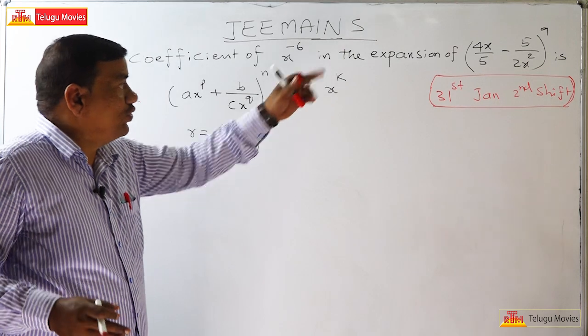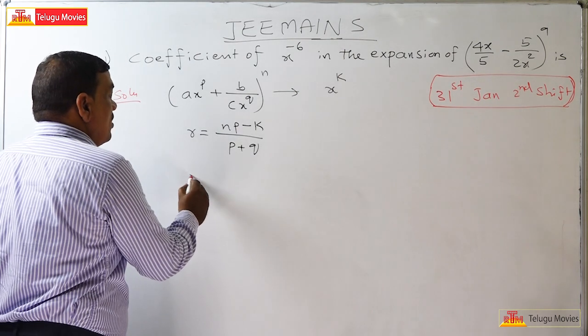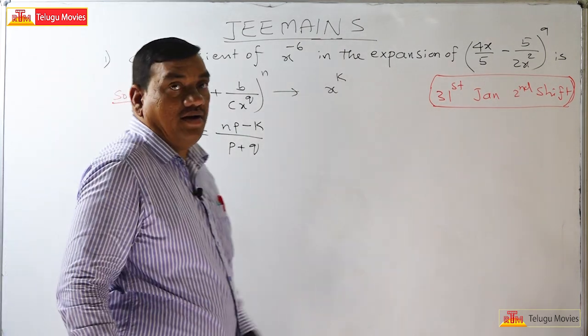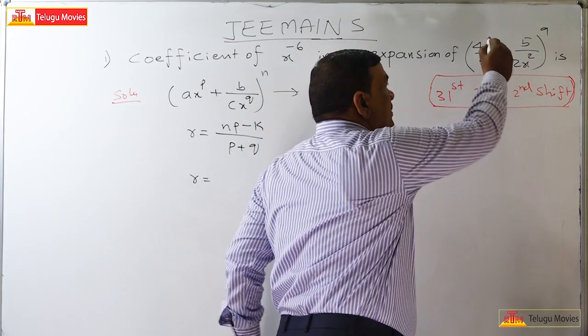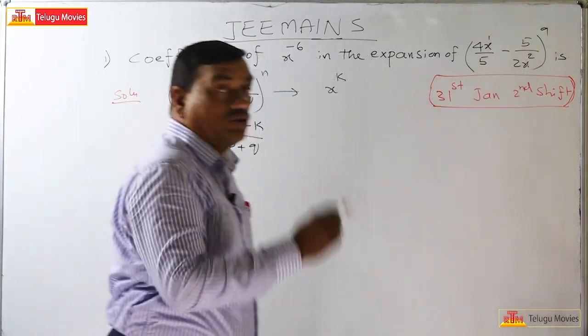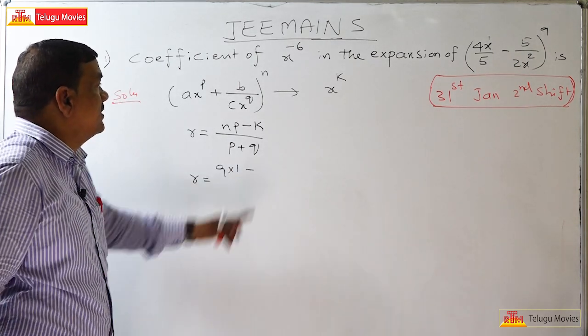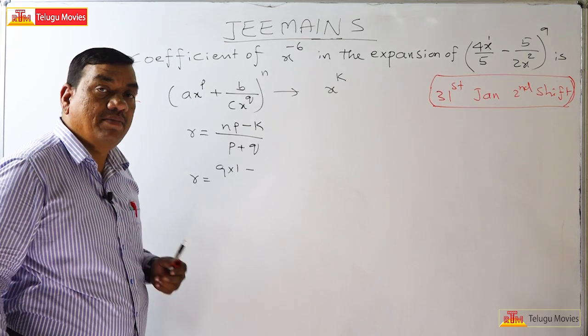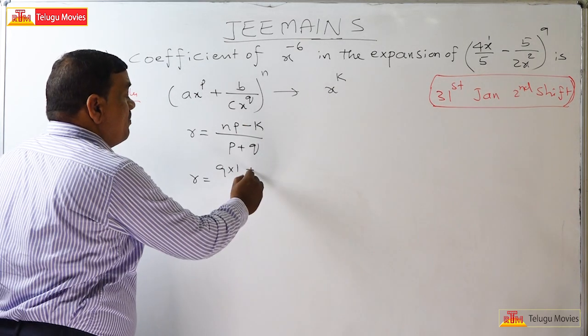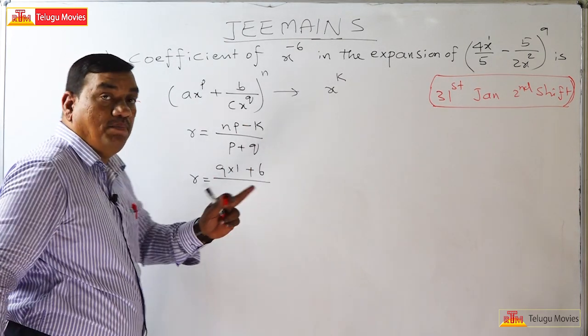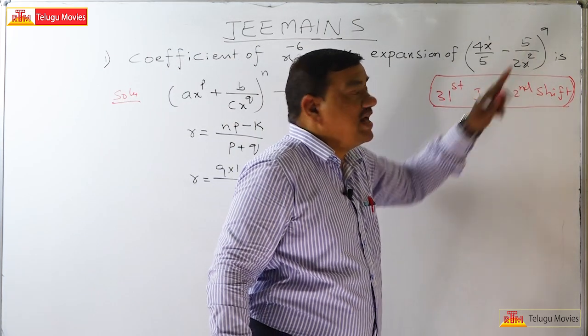So in this problem also, let us find the r value. Here n is equal to 9, p is 1, q is 2. So 9 into 1 minus k, where k is minus 6, so minus of minus 6 gives plus 6, divided by p plus q, 1 plus 2.